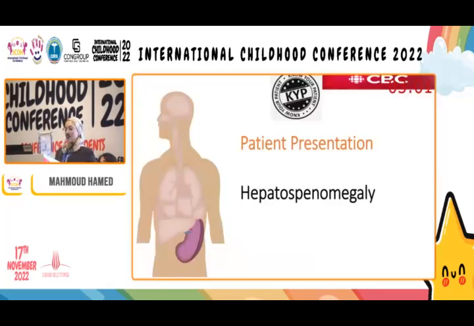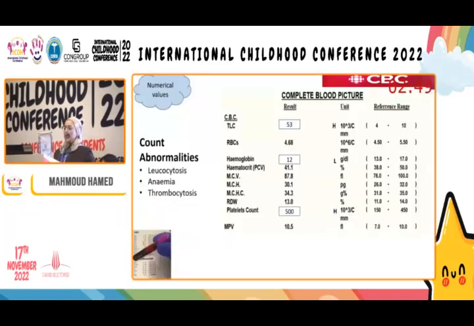Our last case is a very good, healthy child complaining of just an abdominal mass that revealed to be a hepatosplenomegaly. When we did the CBC for him, we found also trilineage affection. We found leukocytosis, anemia, and thrombocytosis.